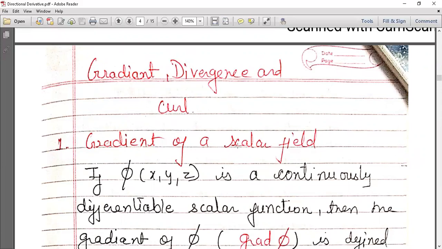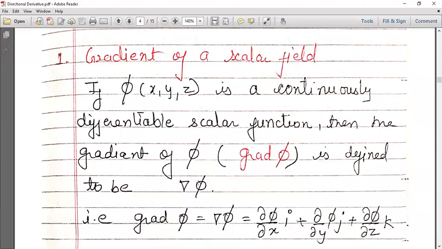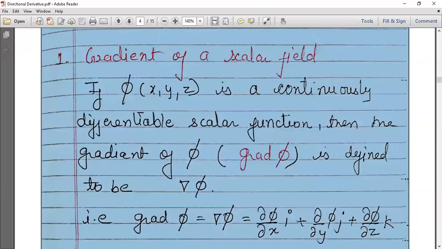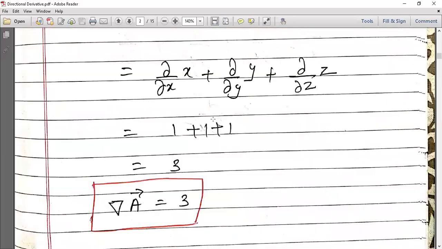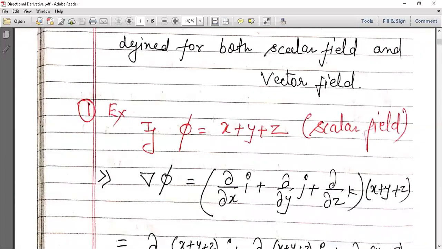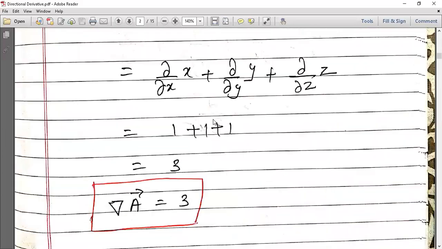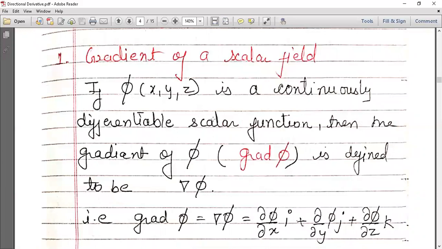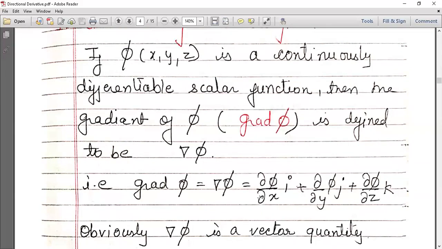The gradient of a scalar field is nothing but applying the del operator to a scalar function. As we saw in our first problem, when we apply del phi, we are applying the del operator to a scalar function. Gradient is defined the same way. We have seen that applying the del operator to a scalar function converts it into a vector quantity.